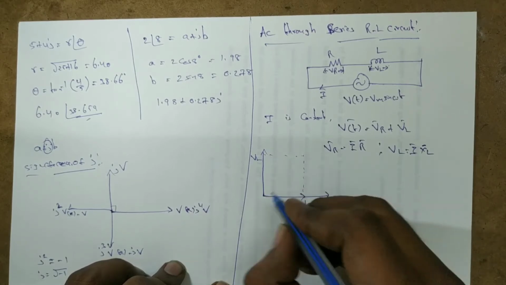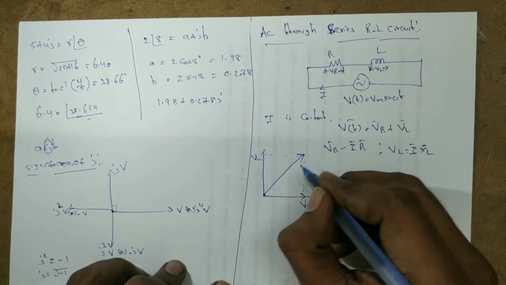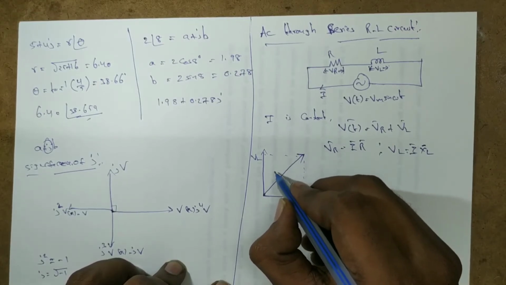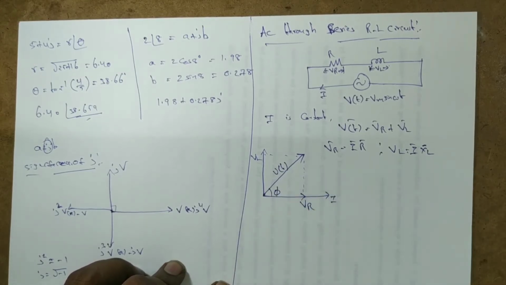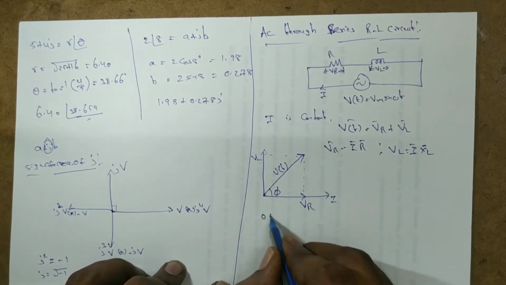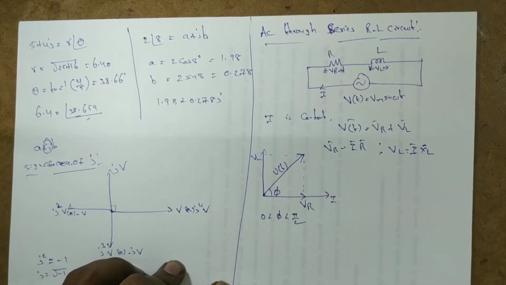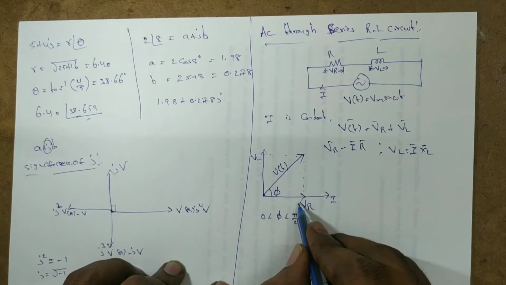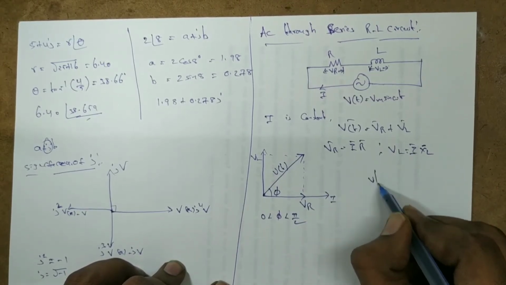And the phasor vector sum of VL and VR will be equal to the total supply voltage, that is V of t, and the phase angle is phi. If in this circuit R dominates, phi value will be 0, and if L dominates, phi value will be equal to pi by 2. But in the general case it lies between 0 and pi by 2. Now from this we extract the voltage triangle.